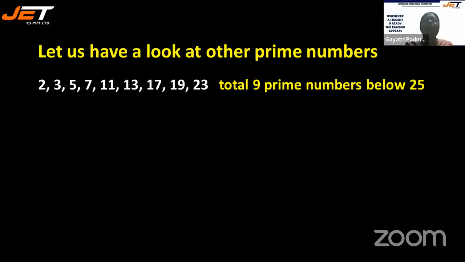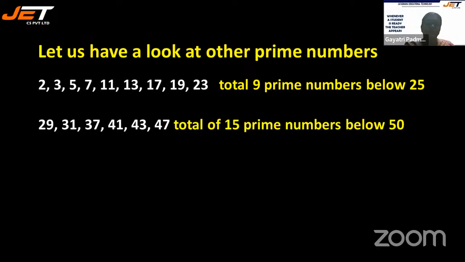Now, let us have a look at other prime numbers. See, the prime numbers have been listed out here, not all, but to a great extent. So, 2, 3, 5, 7, 11, 13, 17, 19, 23. So, totally, we have 9 prime numbers below 25. After 23, we have 29, 31, 37, 41, 43, and 47.